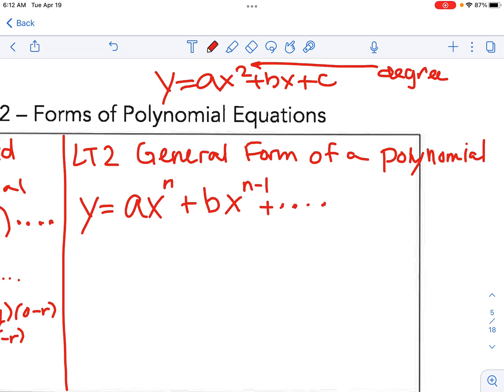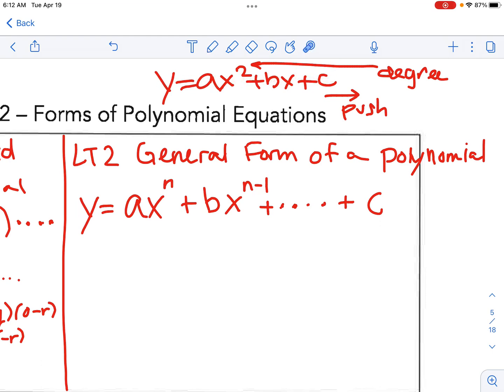We could have more terms with x values that have smaller powers, but at the very end, there's a good chance we might just have a number. That number we're going to call c. We push c out to the end and keep it as the constant term because c is the first letter in the word constant.